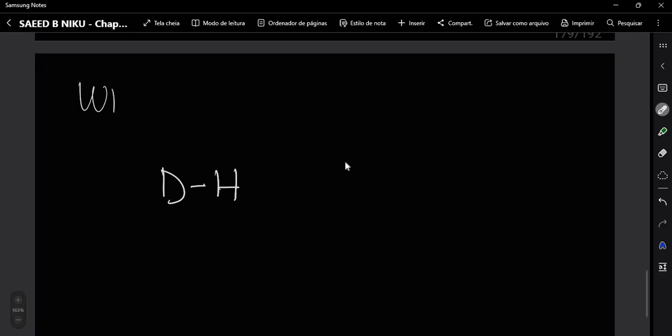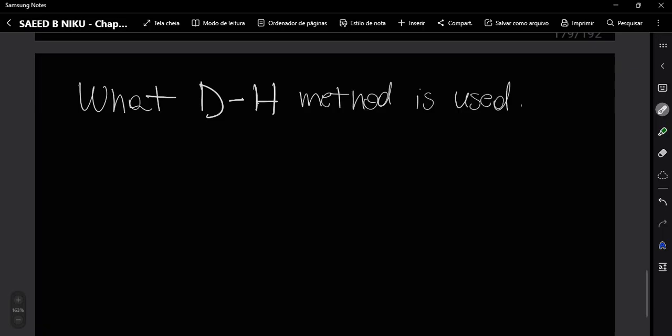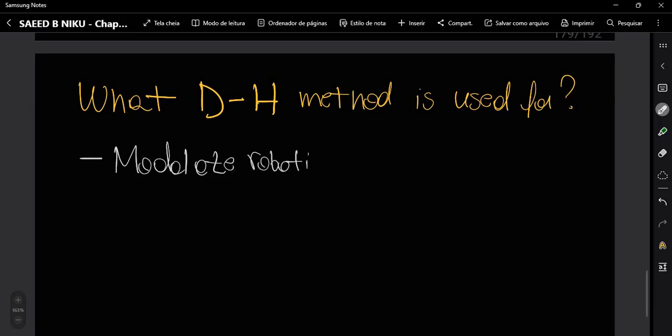It is most used for modeling robots and their motion.